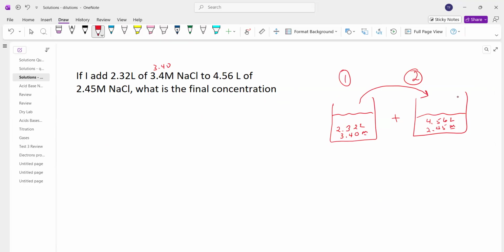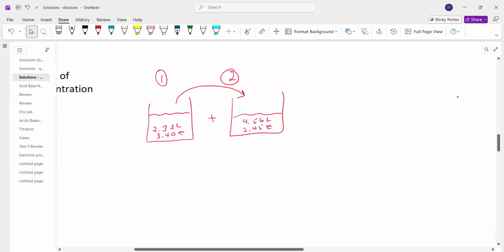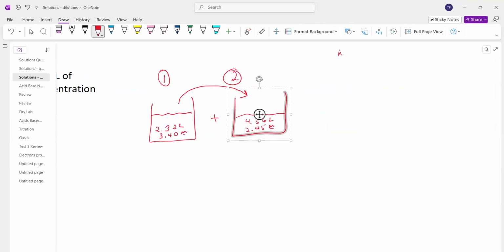So concentration, remember, is moles per liter. So we've got moles of salt in both solutions 1 and 2. So we've got to add the moles for each one of those to find the total moles.